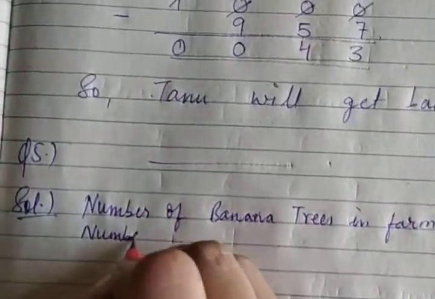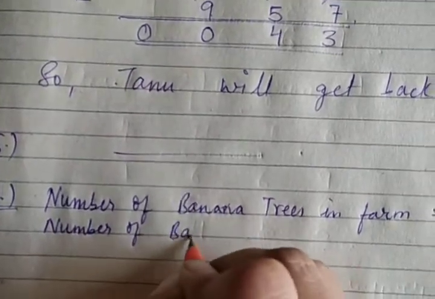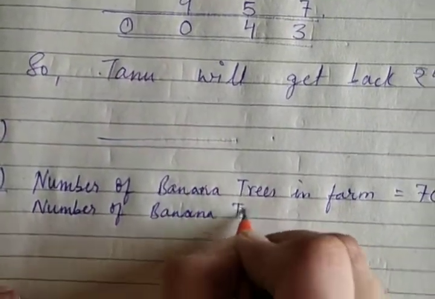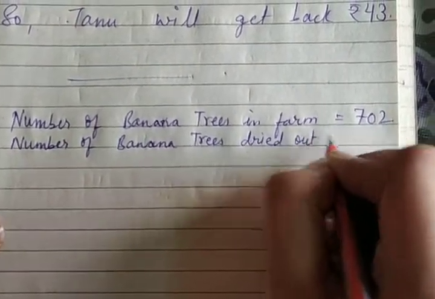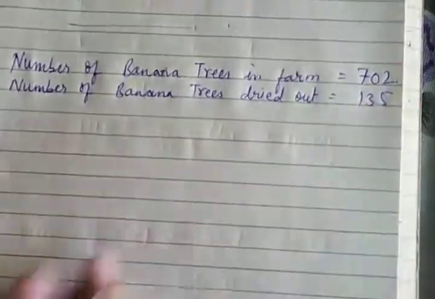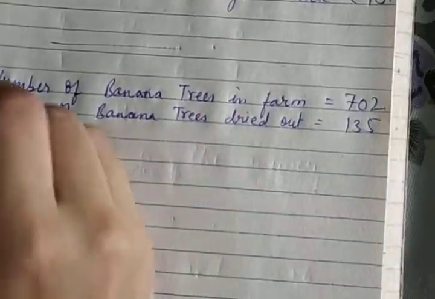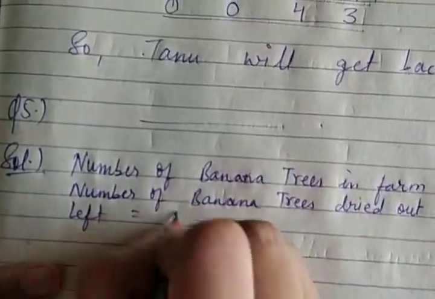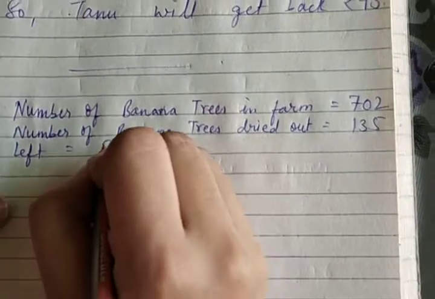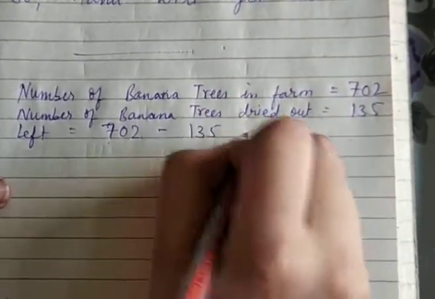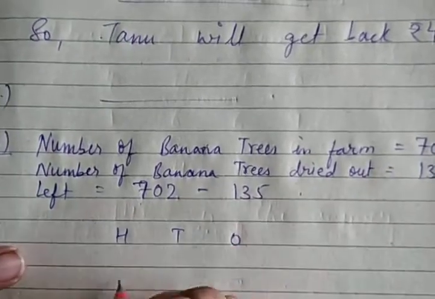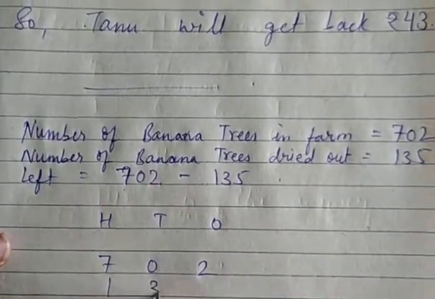Number of banana trees dried out: 135 dried out, that means सूख गए. So how many are left? What will we do? We will subtract 702 and 135. So write down the places. 702, 135.